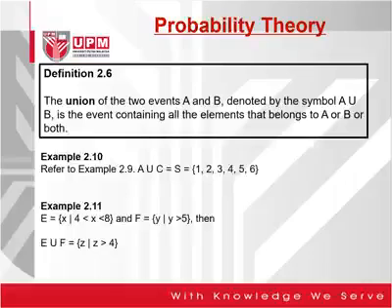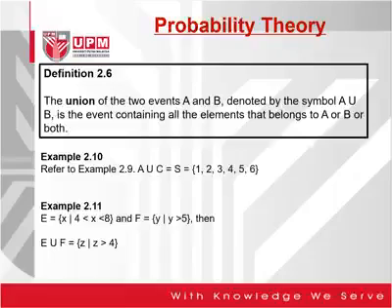Okay, unions: everything is included. Example 2.10, we refer to 2.9, A or C. When you mix up the elements of event A and the elements of event C, we are not counting how many elements are the same. We just put them together.